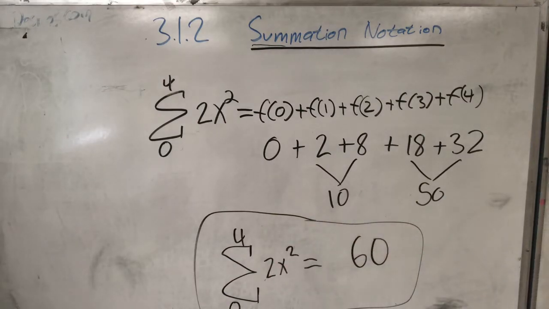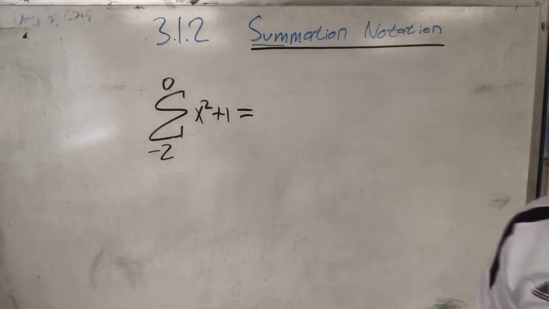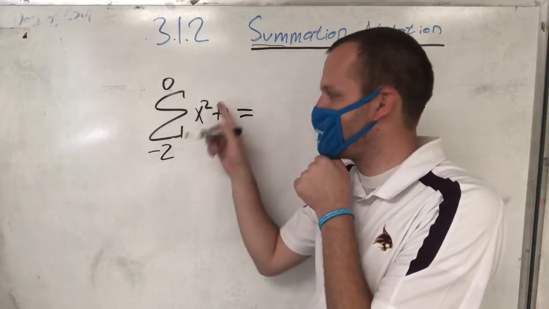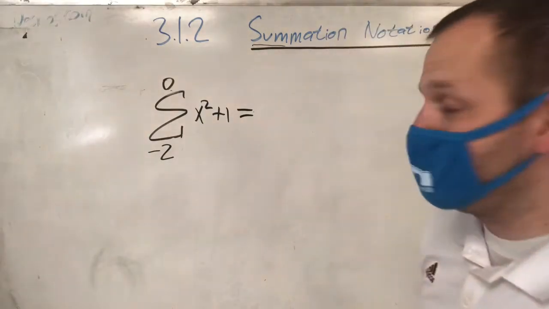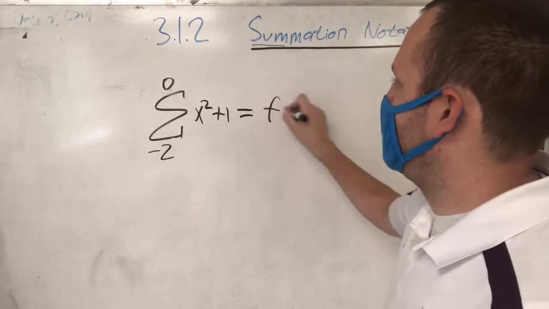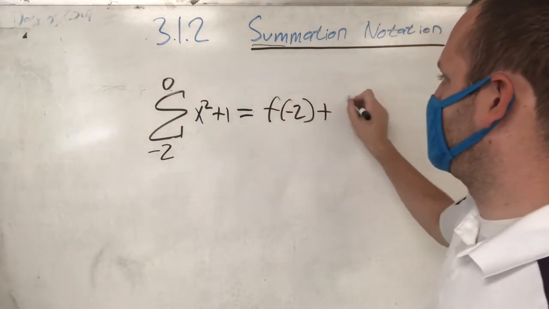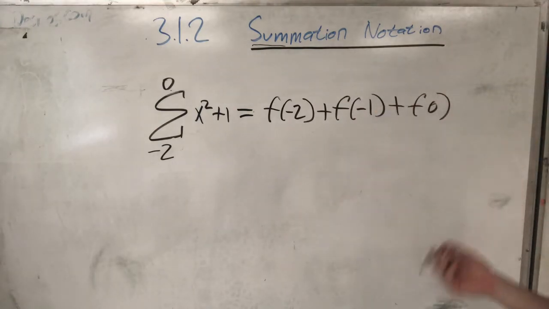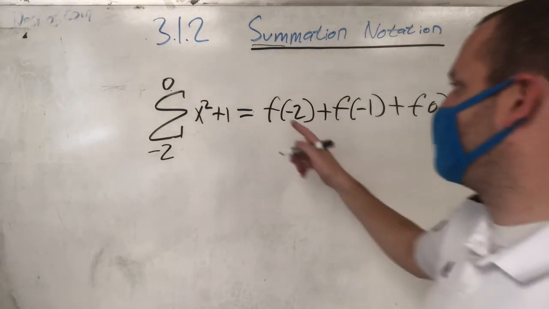Let's try another one. We want to know the summation from negative 2 to 0 of x squared plus 1. We're going to do the same thing. We're going to take f of negative 2 plus f of negative 1 plus f of 0. So we've got f of negative 2.